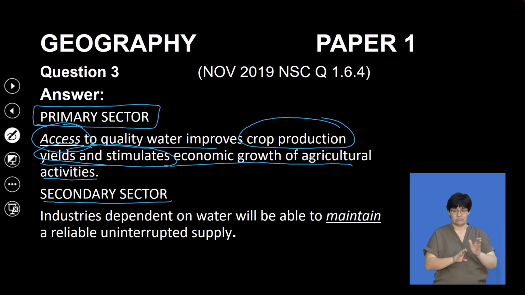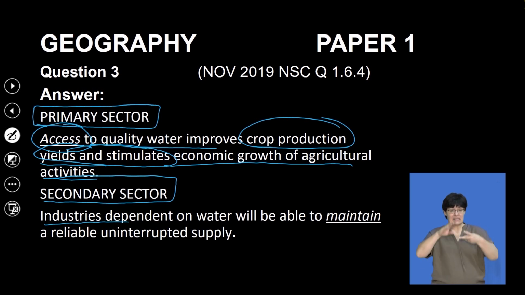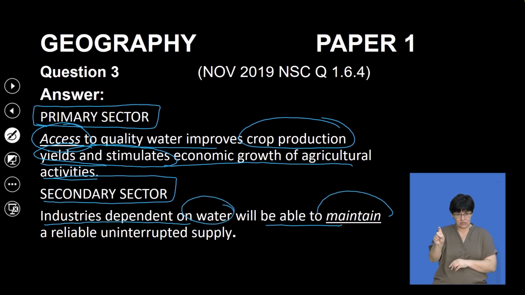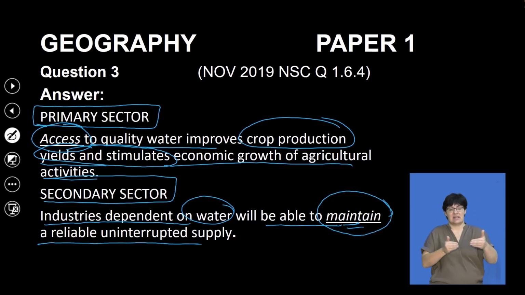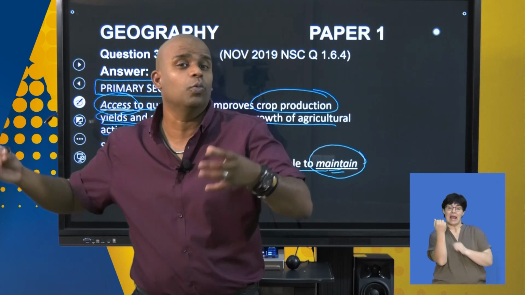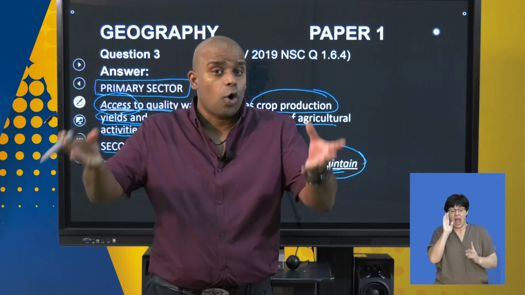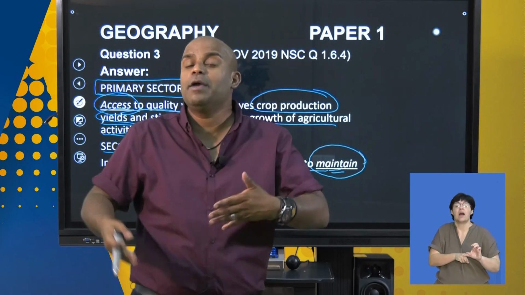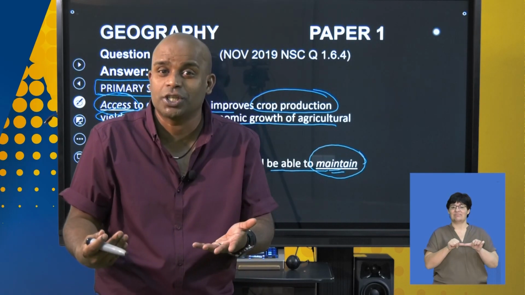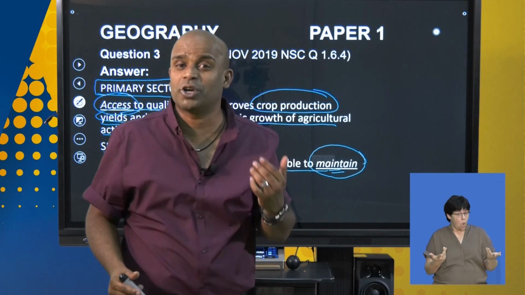In the secondary sector, industries dependent on water will be able to, look at my qualifying word, maintain a reliable, uninterrupted water supply. So not only am I saying industries also need water, but industries, if they access quality water, will be able to maintain their production, if not improve their production.